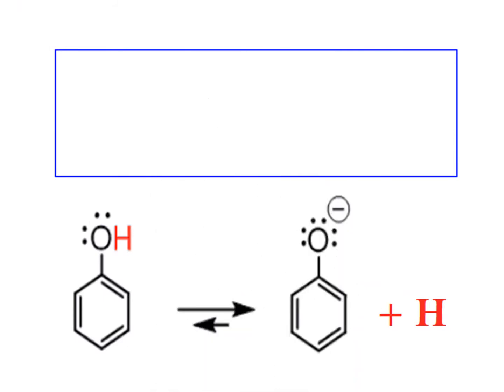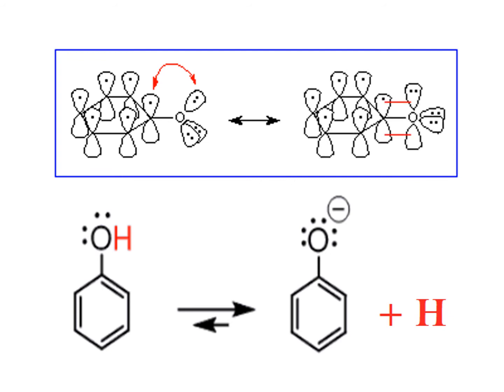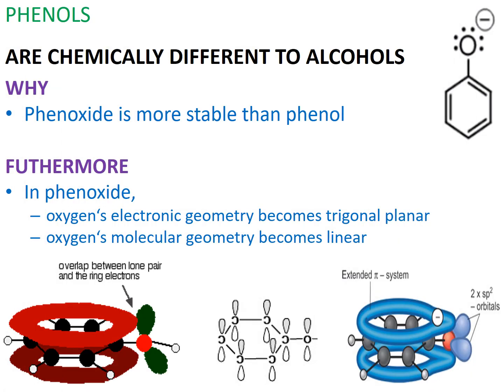But when the oxygen in phenol undergoes proton dissociation, there is a change in electronic and hence atomic orbital arrangement. When phenol becomes a phenoxide, oxygen's electronic geometry becomes trigonal planar, while oxygen's molecular geometry appears linear.